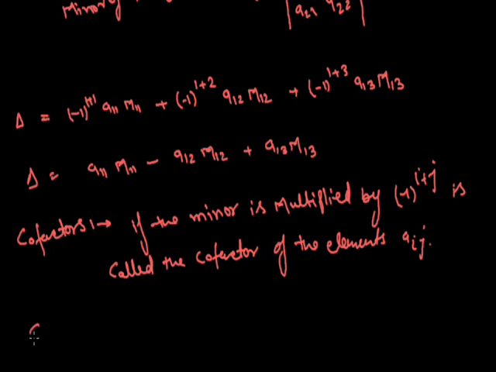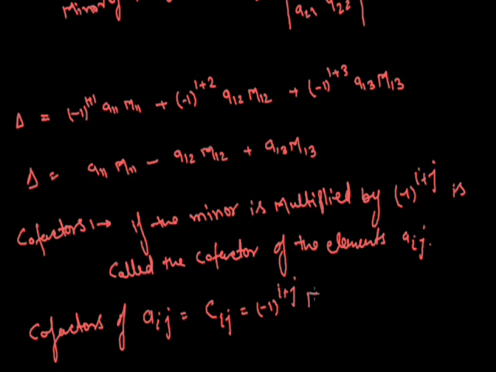So now the cofactor of Aij, we can represent the cofactor by the capital C or capital A. We can remember it by anything, by A or C. So Cij equals minus 1 whole power i plus j, Mij.